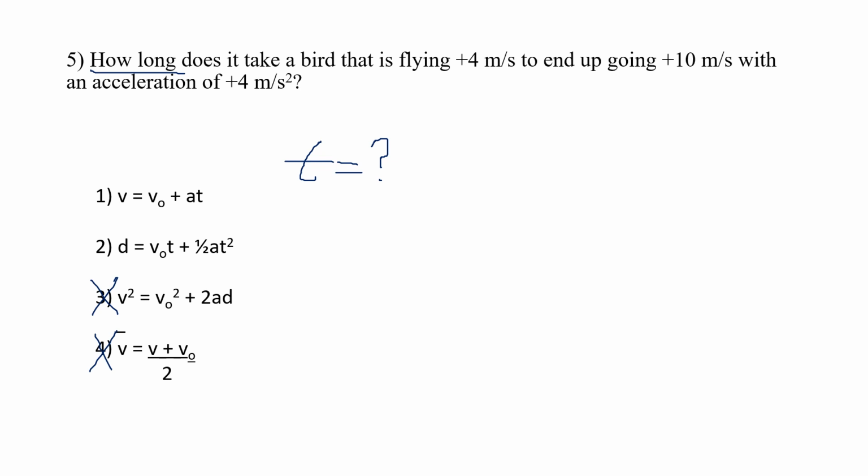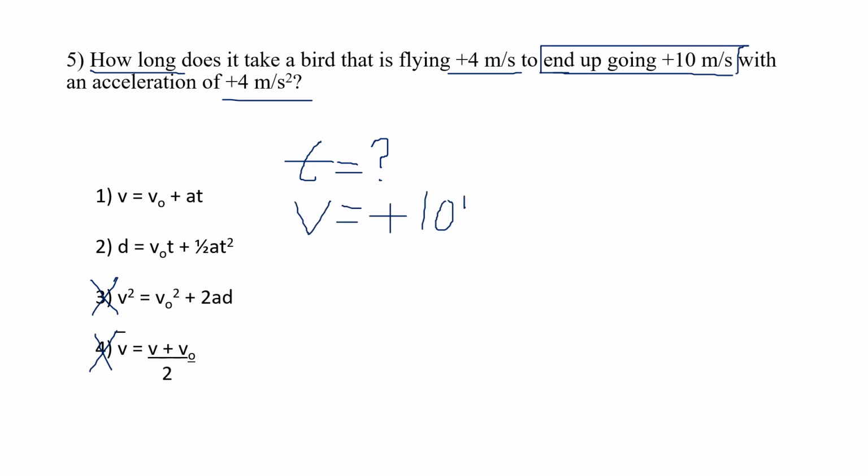How long does it take a bird that is flying 4 meters per second to end up going 10 meters per second with an acceleration of 4 meters per second squared? Well, if this says ends up going, that's clearly my final velocity. I can use process of elimination or deduction to realize that well, if this is the final velocity, then this has got to be the initial velocity.